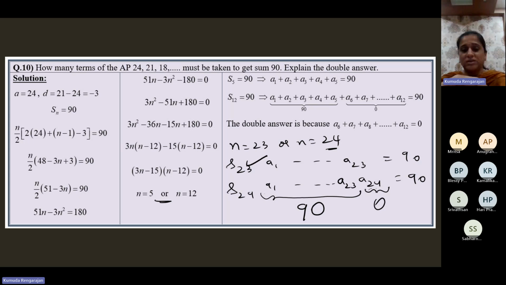The 24th term is 0. That's why 90 plus 0 is 90. That's why the sum of the first 24 terms remains the same. It's logical, no? The sum of the first 23 terms and the sum of the first 24 terms is the same. So in spite of adding the 24th term, you're still getting the same sum. That means the 24th term is 0.